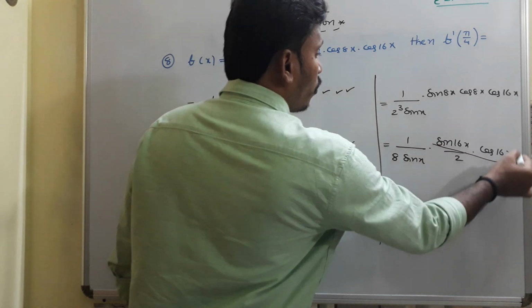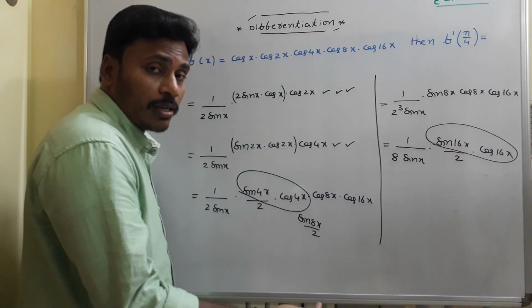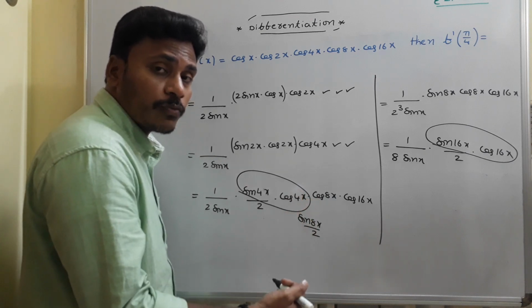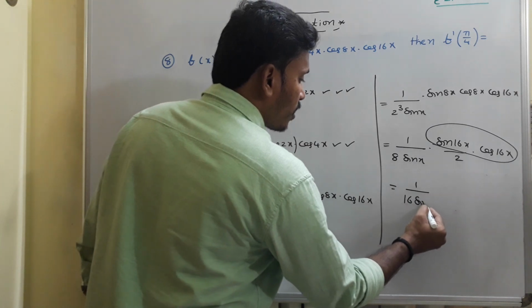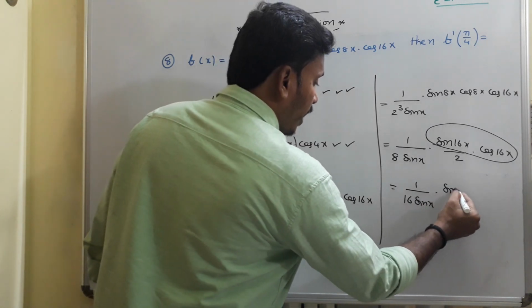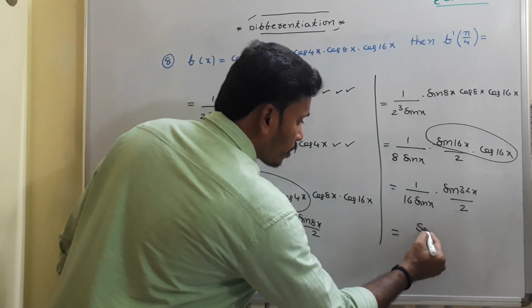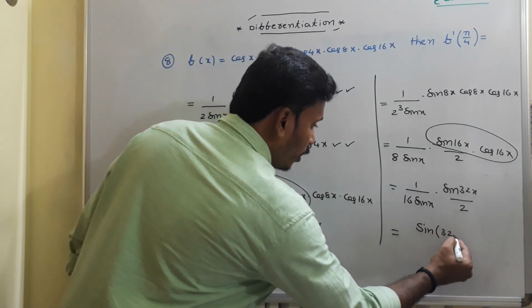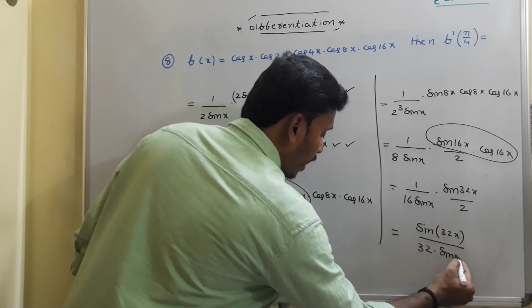And then if you observe, sin 16x into cos 16x is again in the sin theta into cos theta format. So we need to replace it with sin 2 theta by 2. That equals 1 by 16 sin x into sin 32x by 2. Altogether it becomes sin of 32x divided by 32 into sin x.